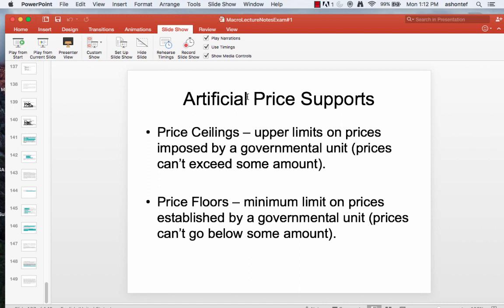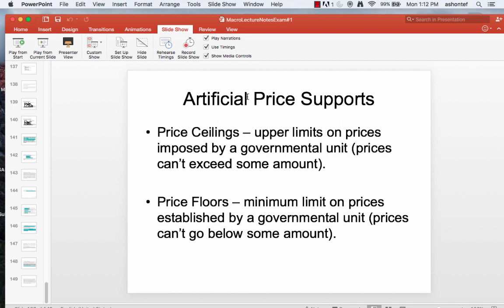Remember, artificial price supports are prices that are set by the government. And there are two kinds: a price ceiling and a price floor. A price ceiling, I know I'm reading it, is an upper limit on a price that's imposed by a government.